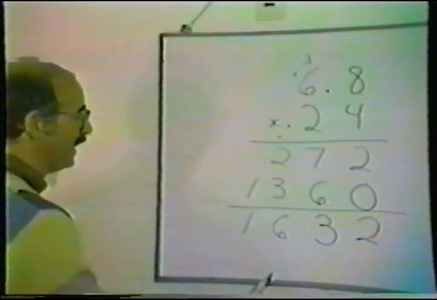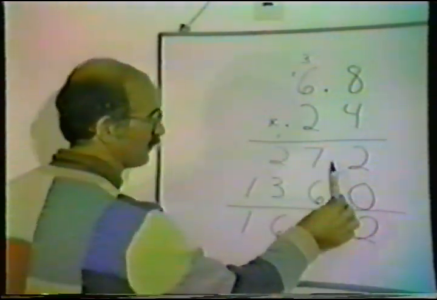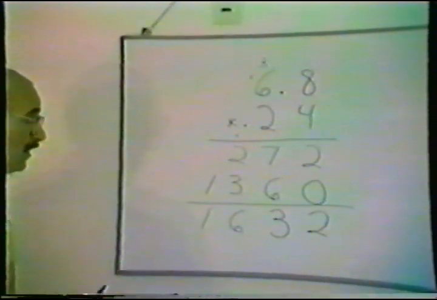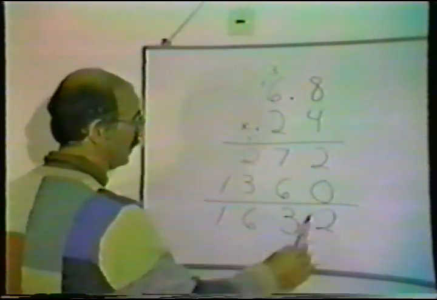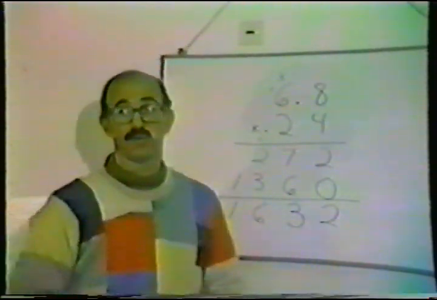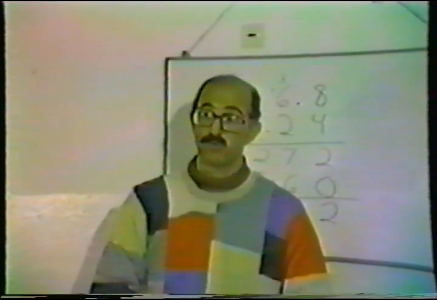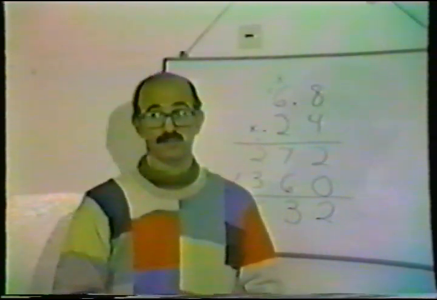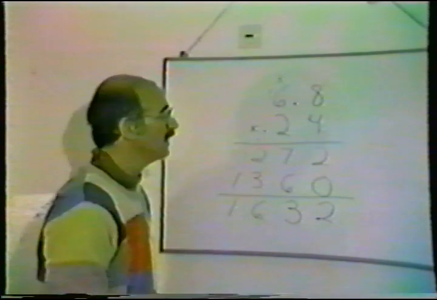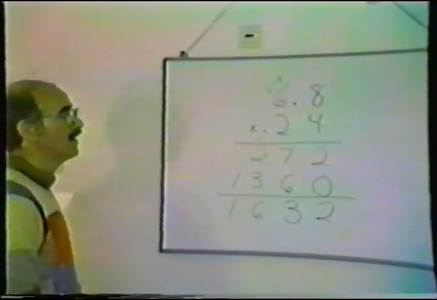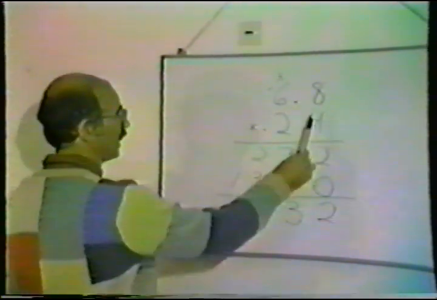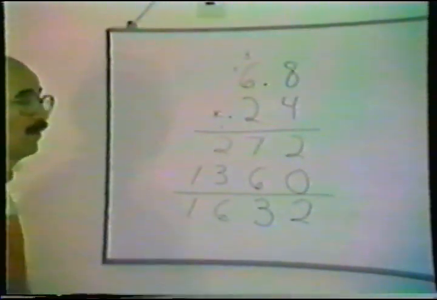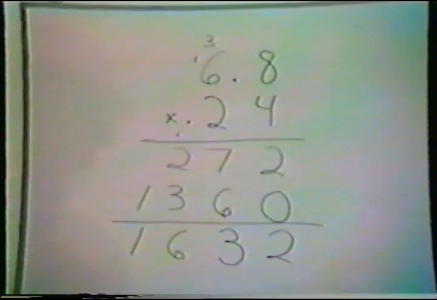Don't put any decimal points in your first row number, and don't put any decimal points in your second row number. We only need to put the decimal point in the final answer. How many places are there filled to the right of the decimal point in the problem? 3.